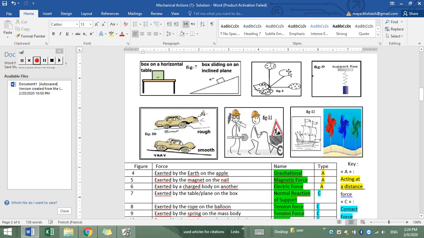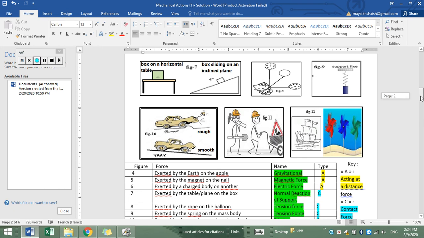Sorry, I forgot to mention here, since the actor, which is the table, and the receiver, which is the box, are in contact, we consider the normal reaction of support to be a contact force. Similarly here, the rope and the balloon are in contact, so the tension force is considered to be a contact force. Okay?